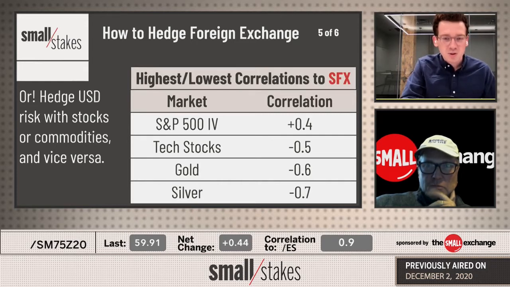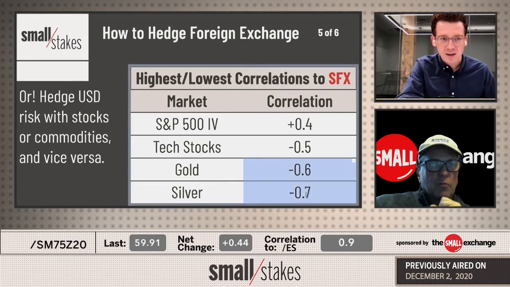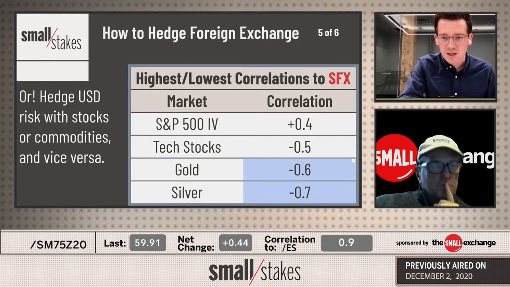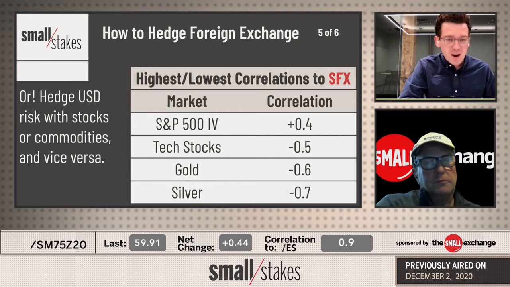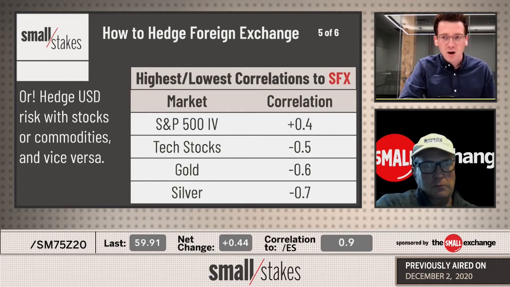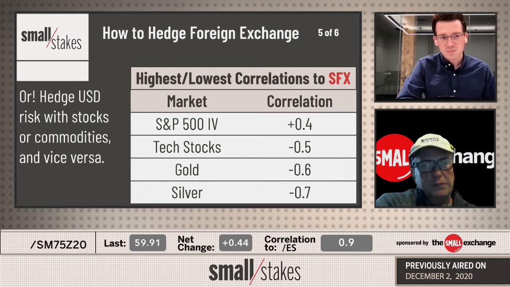And the lowest correlation, gold, silver, and tech stocks. And I found this kind of intriguing because this is nothing to scoff at. Like a negative 0.6, negative 0.7 correlation in metals. Do you ever think about potentially taking that long SFX bias and hedging it a little bit in some of these places? Well, long SFX, long metals.